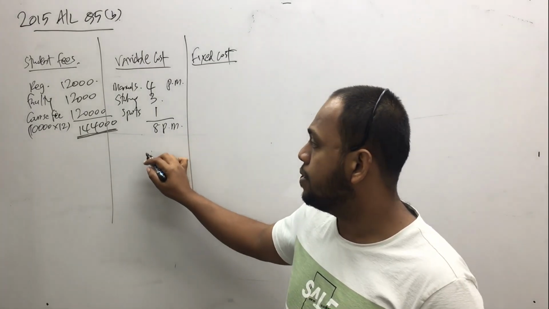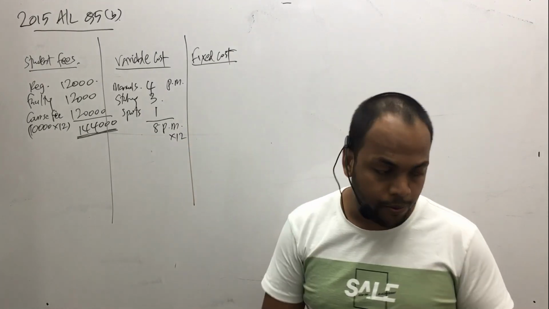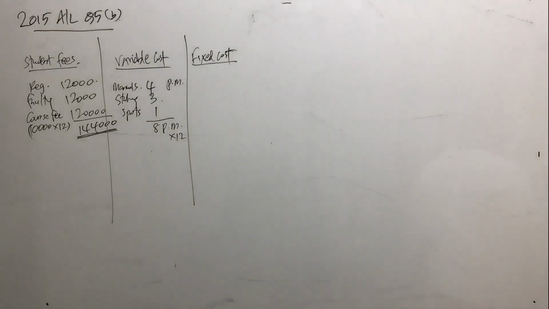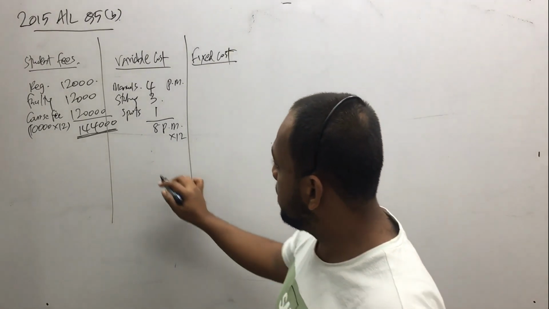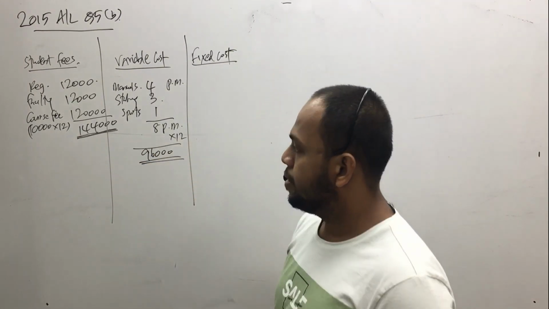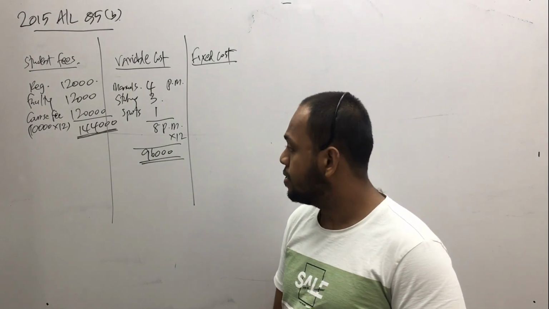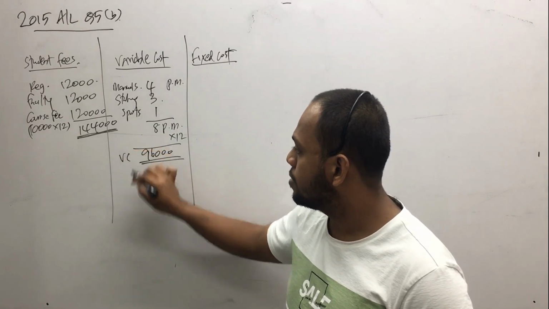Then to get the annual, you need to multiply this by 12. To get the annual cost, multiply it by 12. So how much do you get? 8,000 per month multiplied by 12. Total 96,000 is the variable cost.